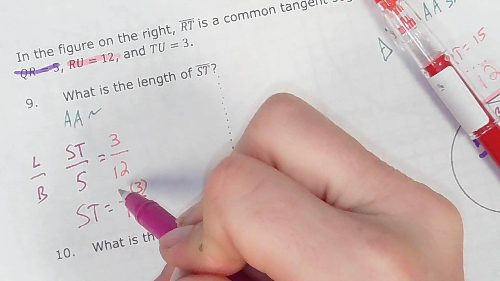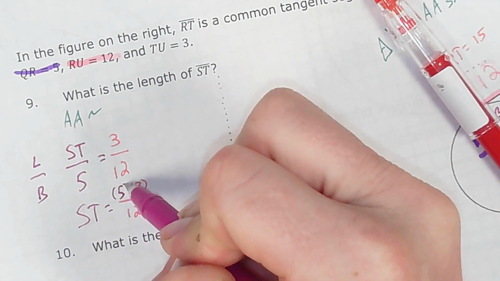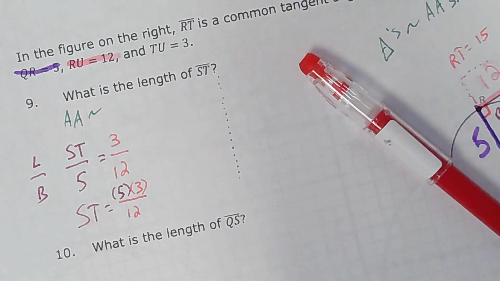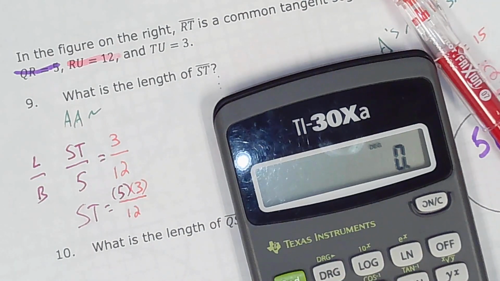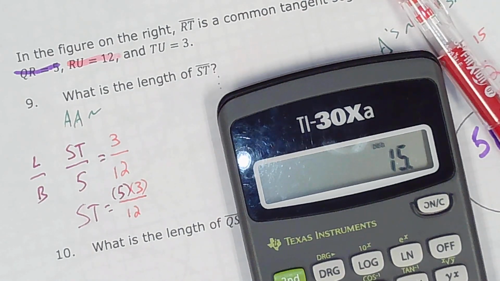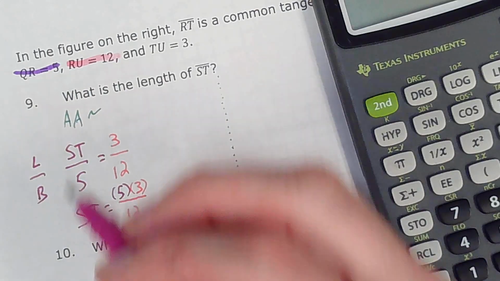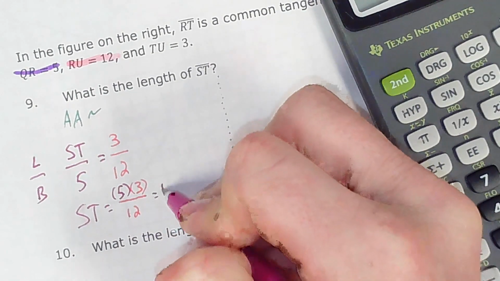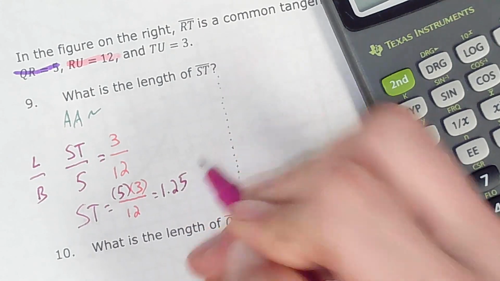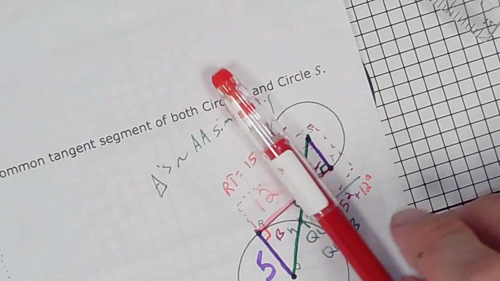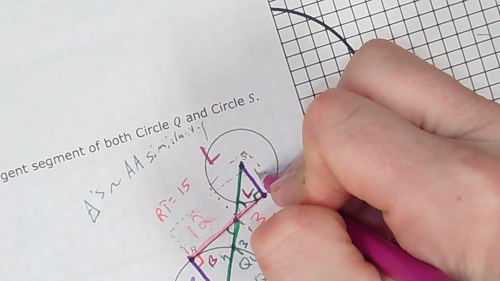And the 5 is going to share the numerator with 3. And there's our equation. So 5 times 3 is 15, divided by 12 is 1.25. All right, so that is one way to figure that out. So this is 1.25.